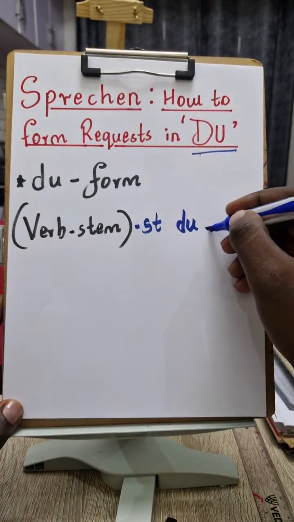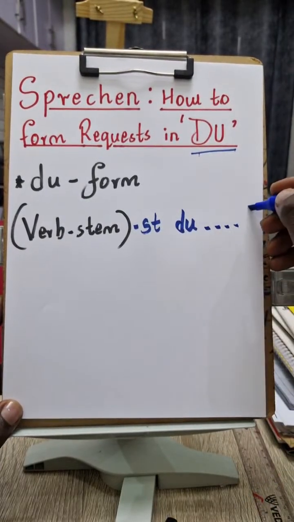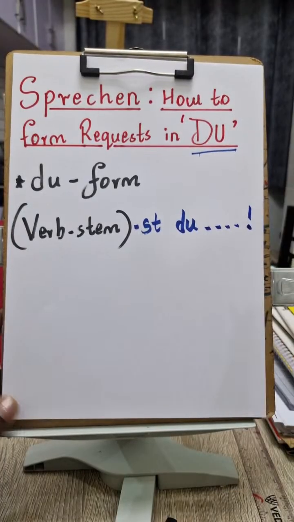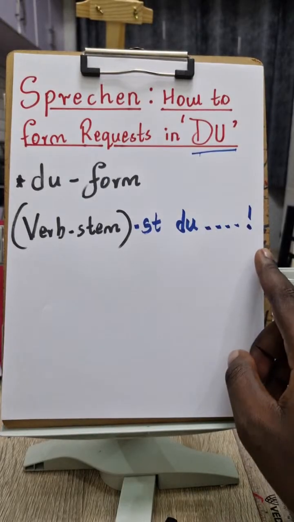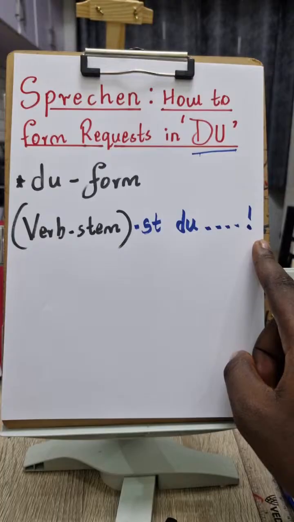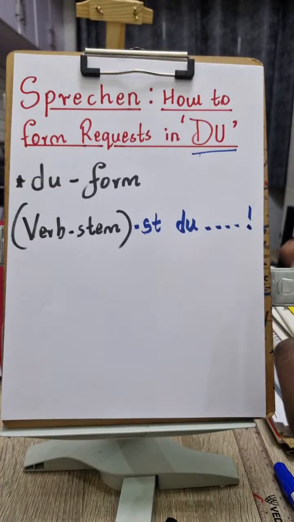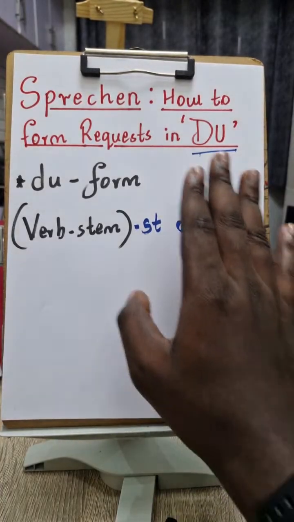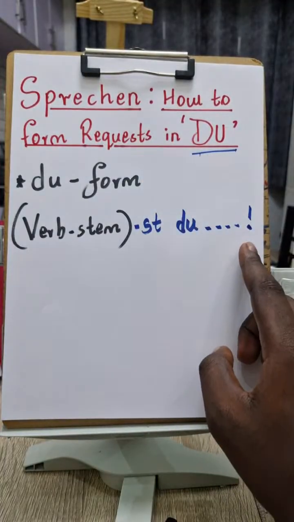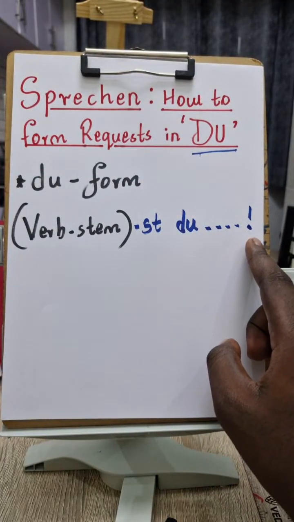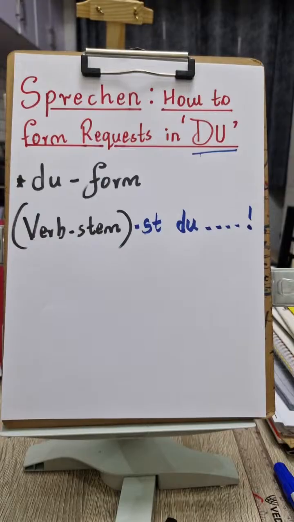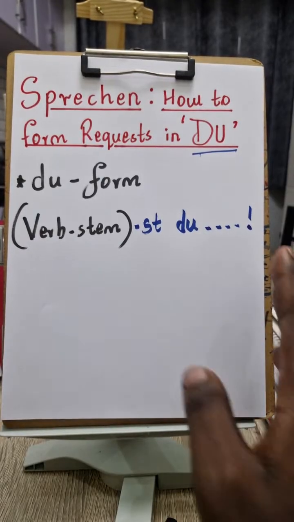And then at the end, you have an exclamation mark. Now, for them to know it's a request, one has to mark it with an exclamation mark at the end. What happens if I don't put an exclamation mark? Then that would be an entirely different sentence. So for them to know it's a request, one has to mark it with an exclamation mark at the end of the sentence. Okay, so this is the skeleton structure.